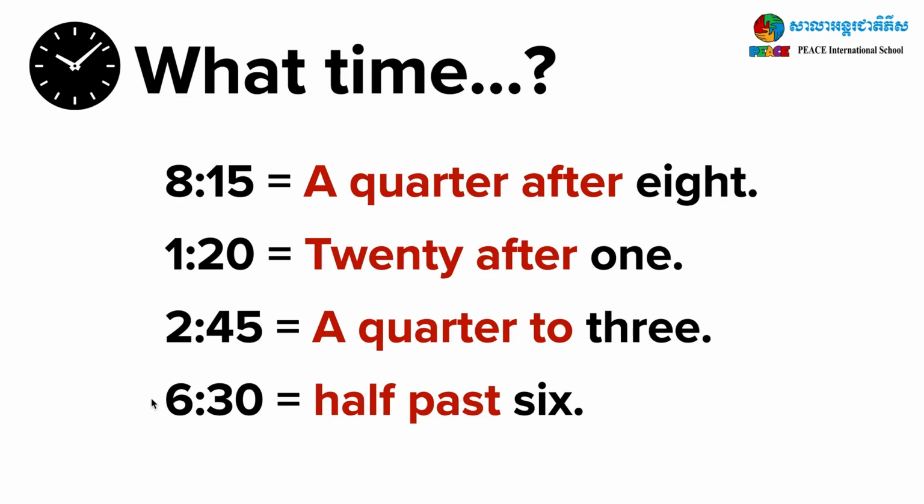And finally, we have the hour is 6 and the minute is 30. We can say 6:30, or we can also say half past 6, because 30 minutes is half of 1 hour.